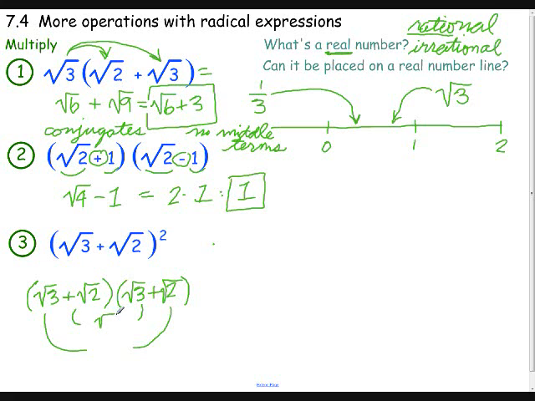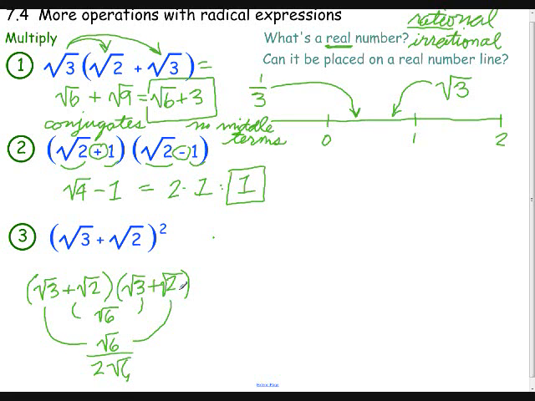I get the square root of 6, the square root of 6. I add those together, I've got for a middle term 2 the square root of 6. So this is equal to the square root of 9 plus 2 square roots of 6 plus the square root of 4. And I'm not going to leave it as a square root of 9. It was 3 plus 2 square roots of 6 plus 2.